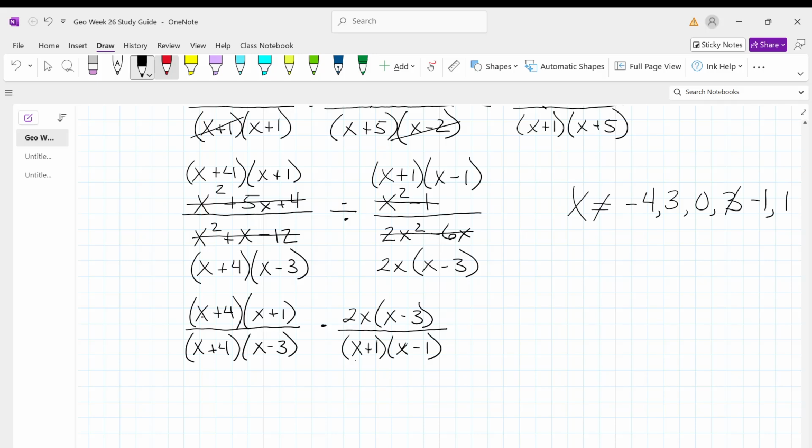All right, so we can cancel an x plus 4 over an x plus 4, an x minus 3 and an x minus 3, and this x plus 1 with this x plus 1. And we're left with 2x over x minus 1 with the restrictions -4, 3, 0, -1, and 1.